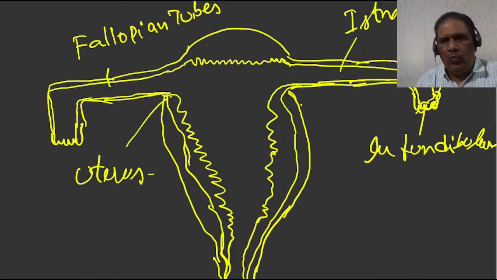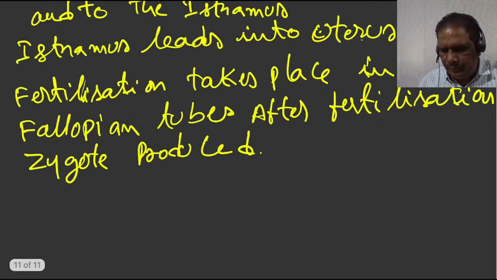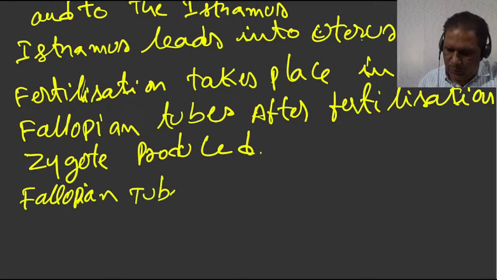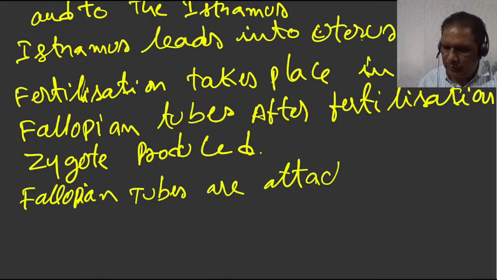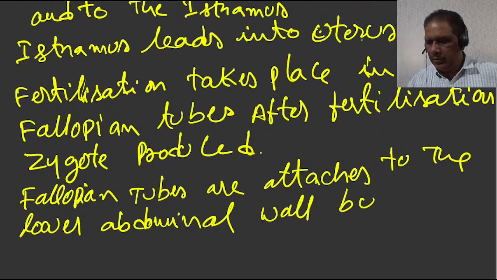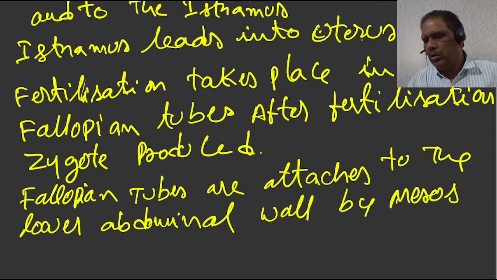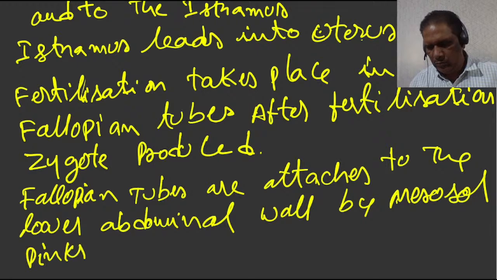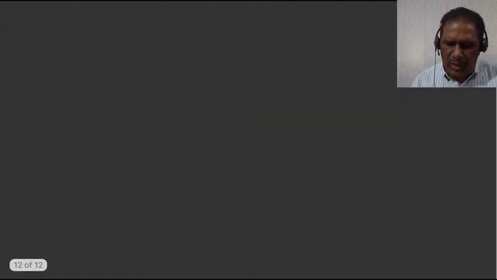Fallopian tubes are attached to the lower abdominal wall by mesosalpinx.